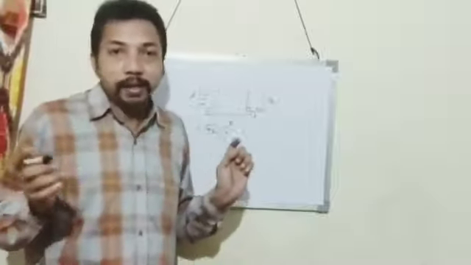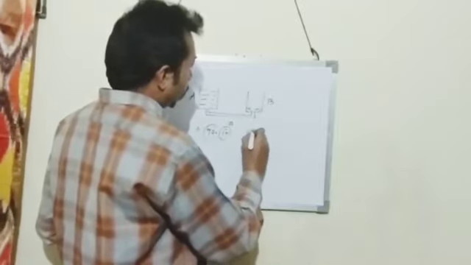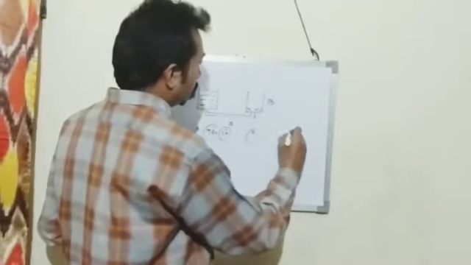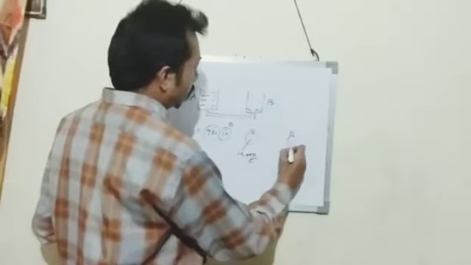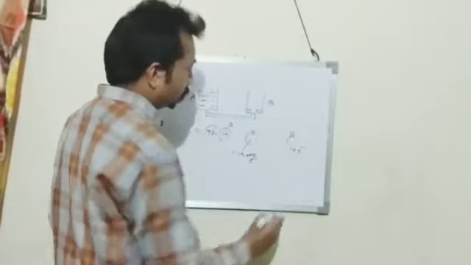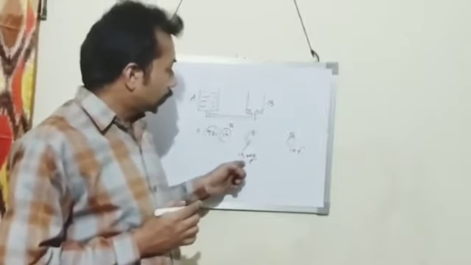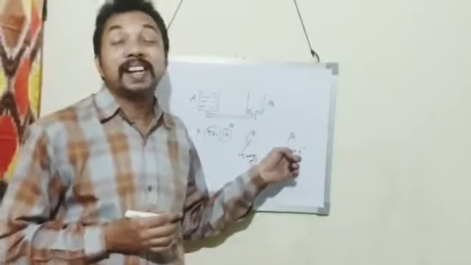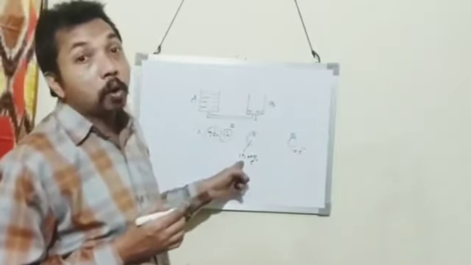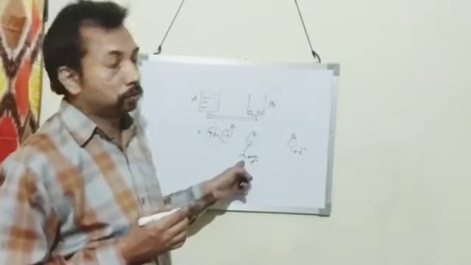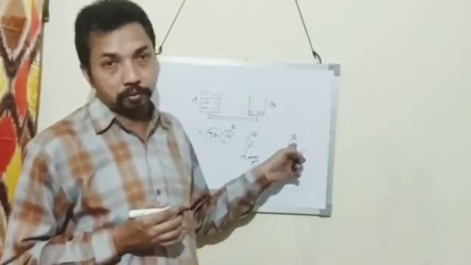In the same way, suppose that there are two bodies A and B. A has 10,000 electrons and B has 10 electrons. So you can see that body A has more concentration of electrons and body B has less concentration of electrons.